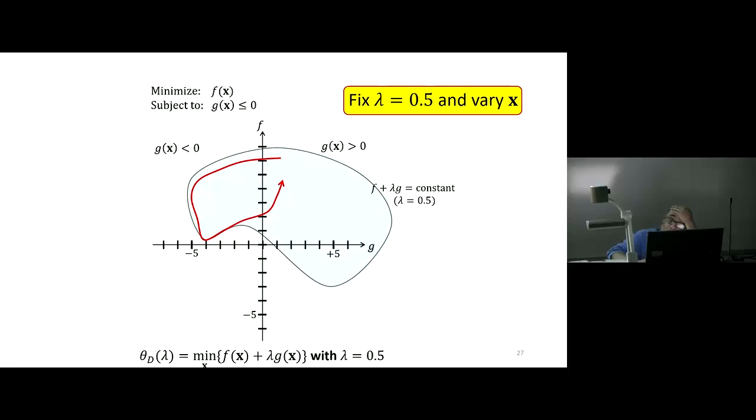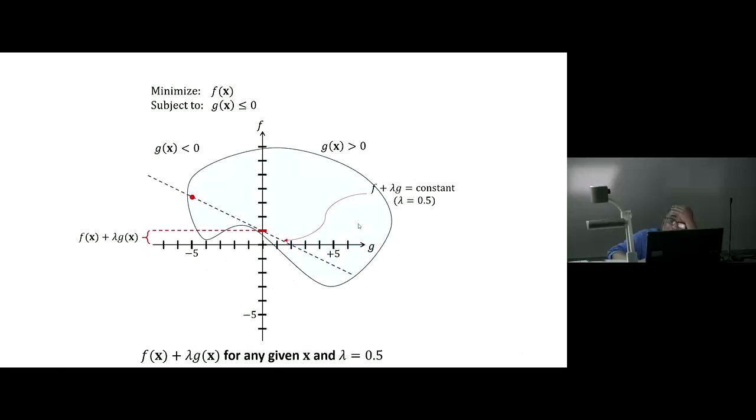Now, here we fixed x and lambda, and so we get a certain point, and since lambda is constant, we draw the straight line with the corresponding slope of negative lambda, and we read off this value.